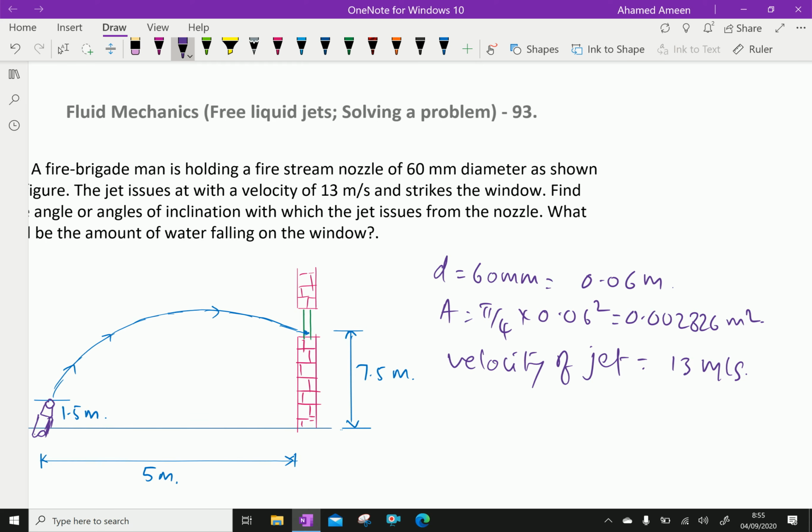The jet is coming out from the nozzle at point A. It strikes the window, and let the angle the jet makes at A with the horizontal be theta degree. Suppose this is theta.